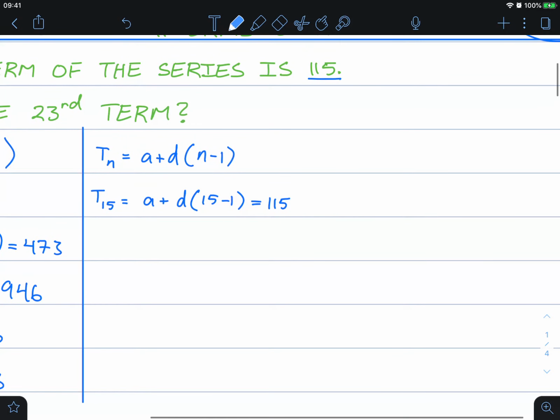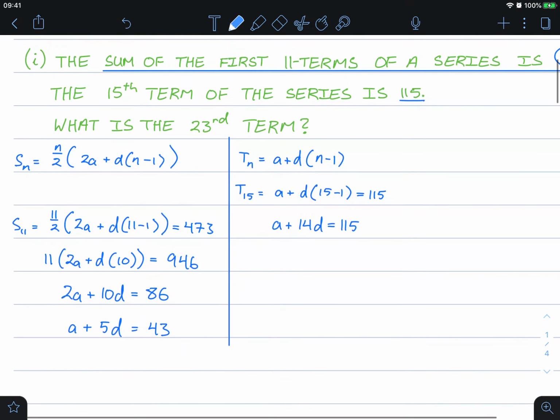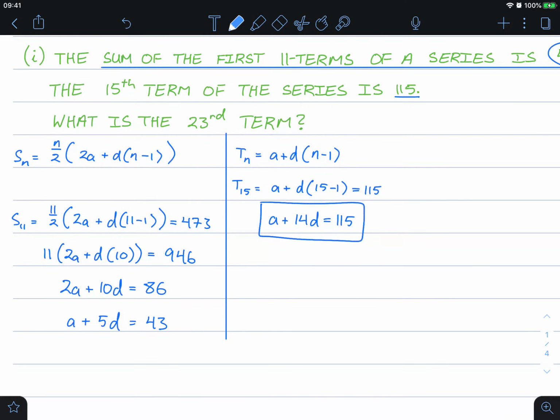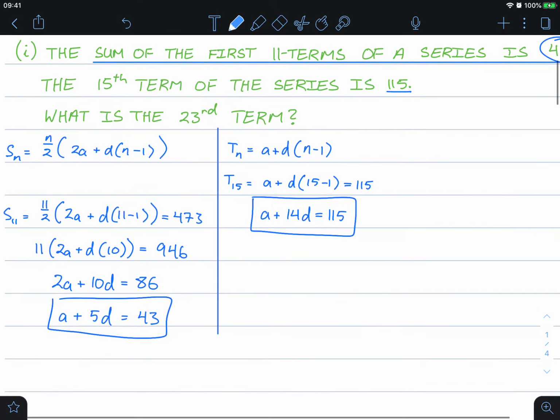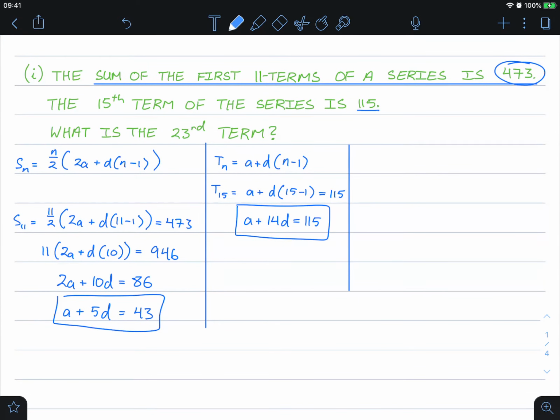Well, simplifying this, we get a plus 14d is equal to 115. So I hope you can see now we have 2 expressions that we now need to simultaneously solve.